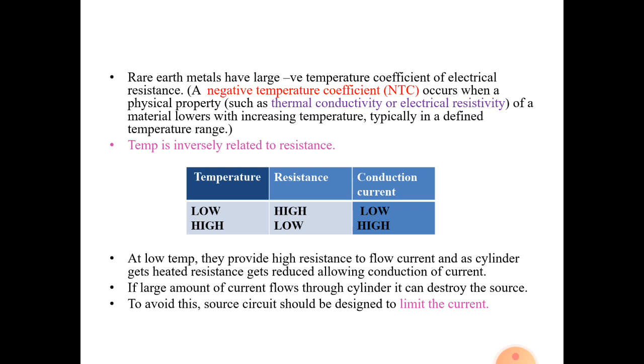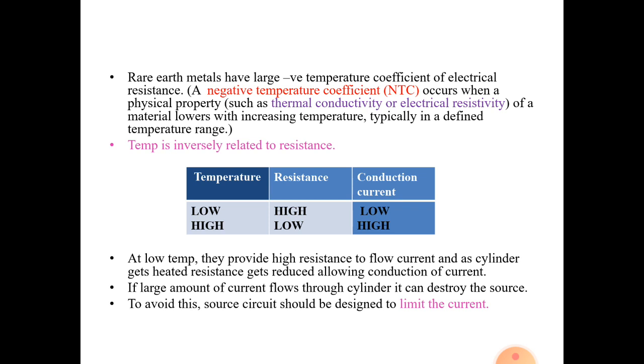If the temperature is high, the resistance is low and the conduction current is high. When the resistance changes, the temperature changes, thereby the conduction of current also changes. So when the conduction current is low, the resistance is high and the temperature is low. When the conduction current is high, the temperature is high and the resistance is low.